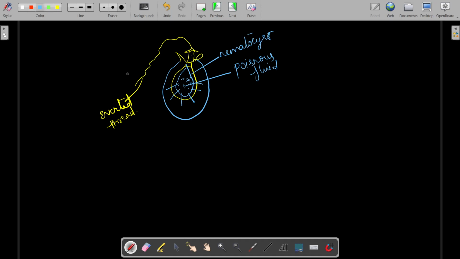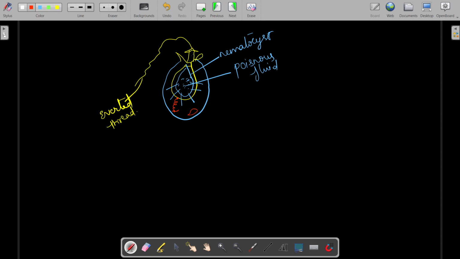You have the everted thread and a lasso cell. The main function of this lasso cell is to maintain the position of the nematocyst, so that when the enemy appears in front of it, the nematocyst is not ejected out of the cnidoblast by mistake. It provides a substratum to hold on to the nematocyst and controls it.